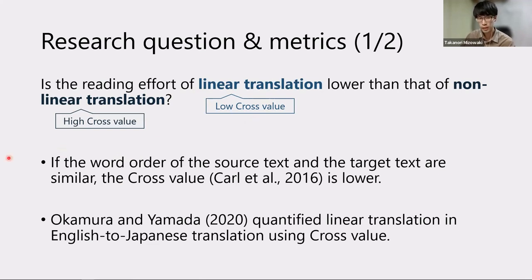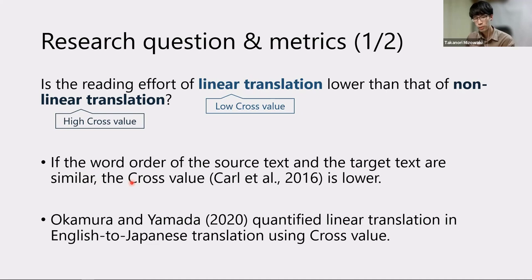So to answer this, I will first explain the metrics that define linear translation and non-linear translation. In this study, linear translation is defined quantitatively. We use the idea of cross value, which quantifies differences in syntactic structure between the source text and the target text. If the word order of the source text and the target text are similar, the cross value is lower.